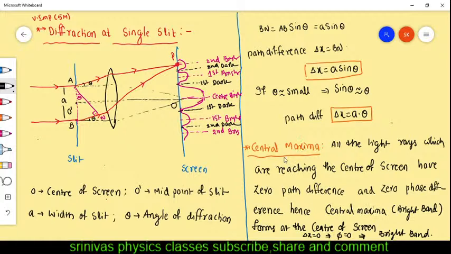Center maxima means bright band, minima means dark band. Now I am going to explain how the bright bands form, the first and second bright band, and how the other dark bands form. On the right side, I am going to erase.